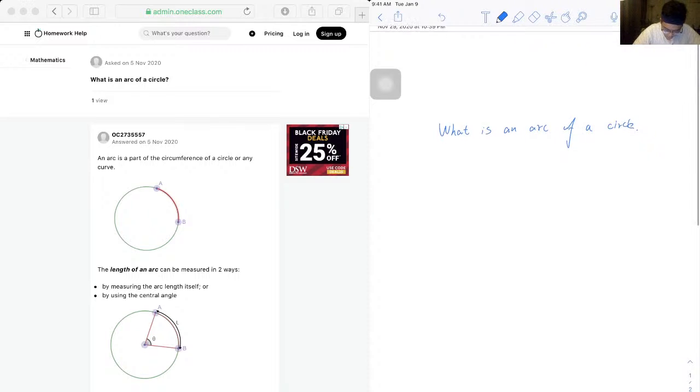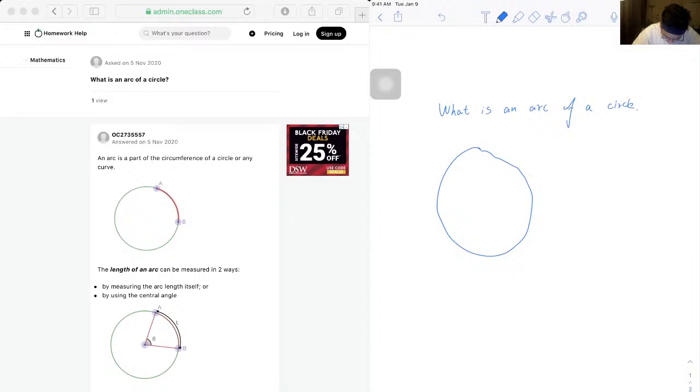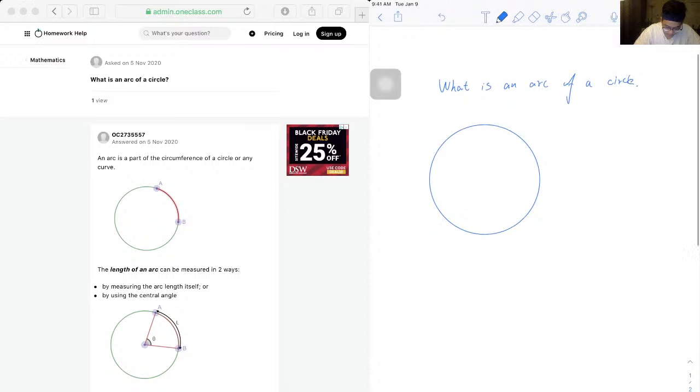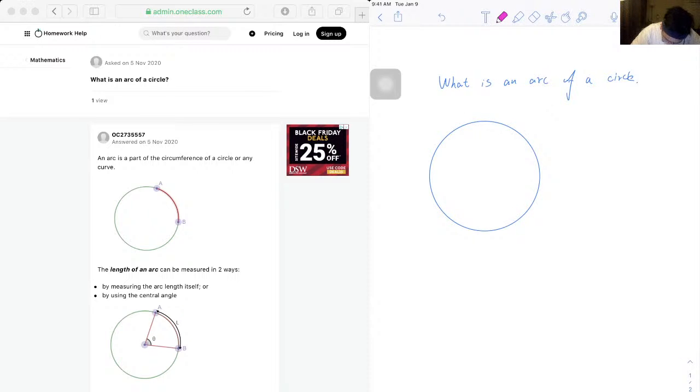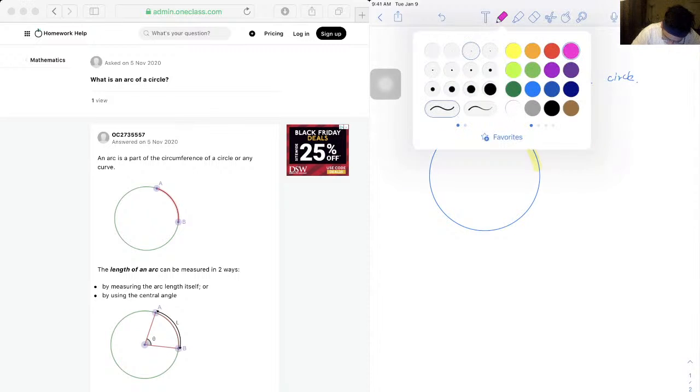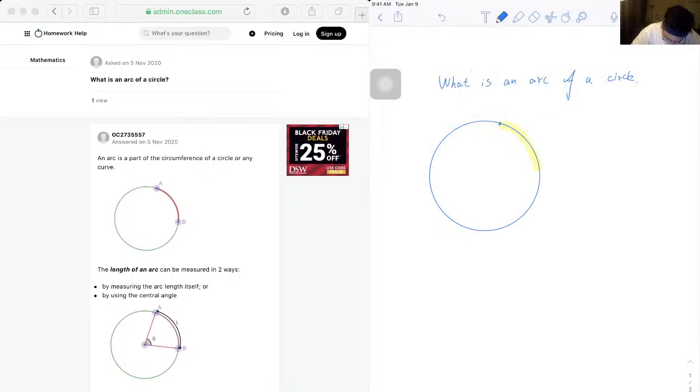So now let's draw a circle. And let's call this, there's a point A and point B. All right?